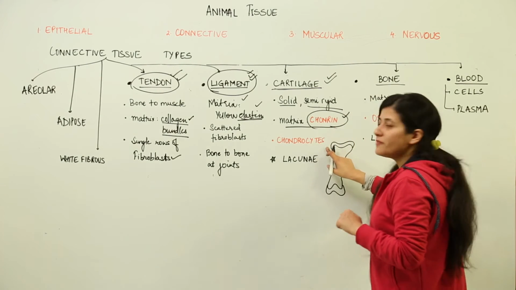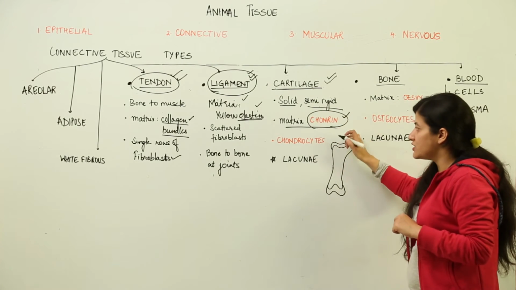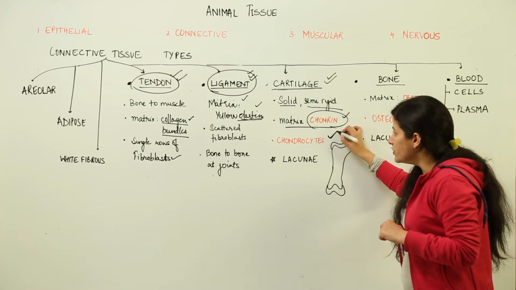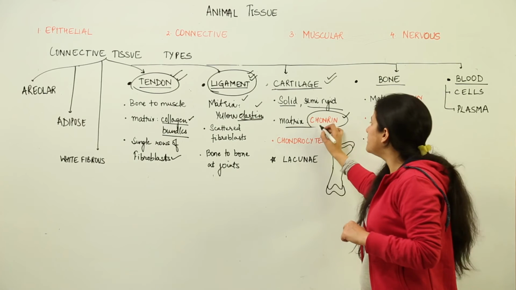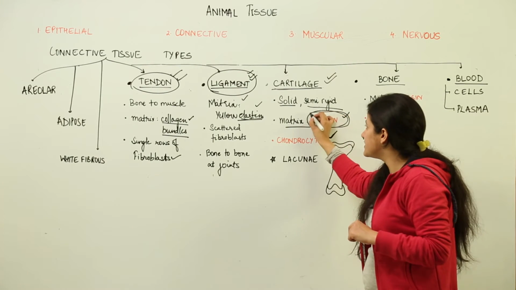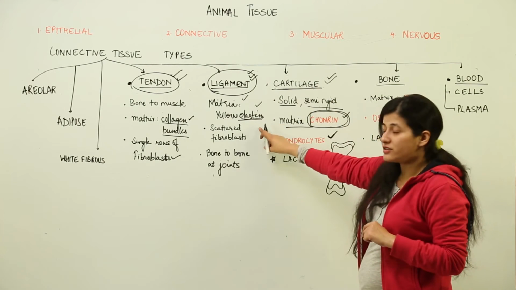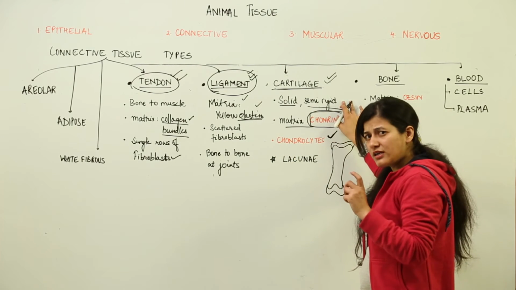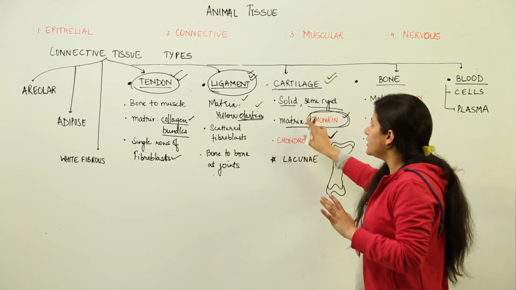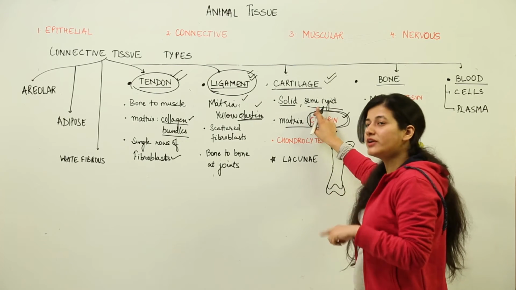The cells which are present inside the cartilage are known as chondrocytes. You must remember, this is not a cell type, this is a protein derivative that forms the matrix, which is not as rigid as these fibers. That is why it is semi-rigid. No, not elastic at all, it is rigid but not as rigid as bone.